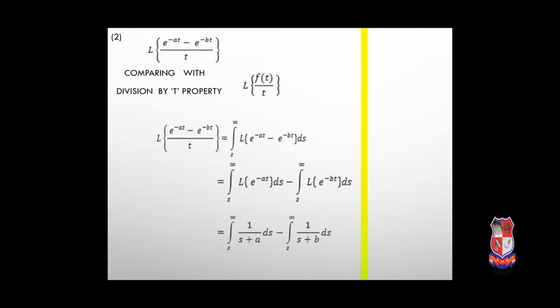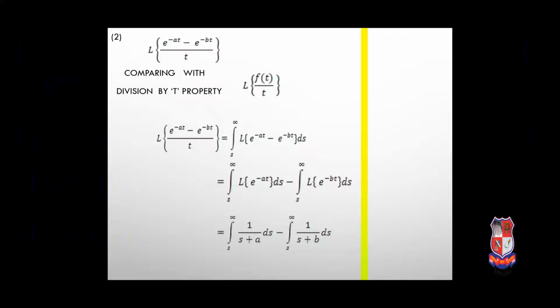Now the next example is Laplace of e raised to minus at minus e raised to minus bt upon t. Again comparing with f of t by t. Here we have f of t is equal to e raised to minus at minus e raised to minus bt. According to the rule of division by t again, we can do integration here.